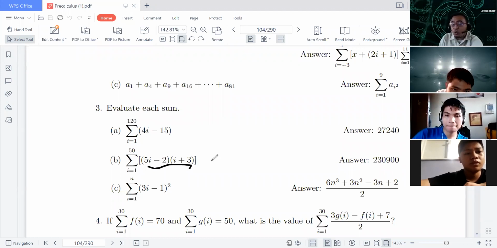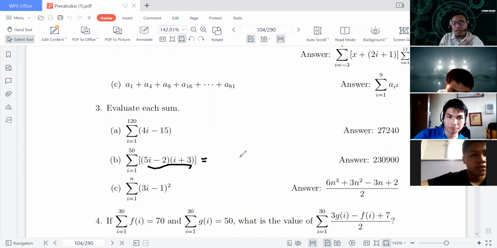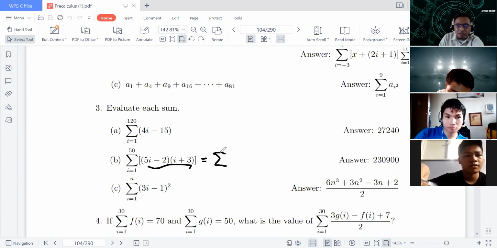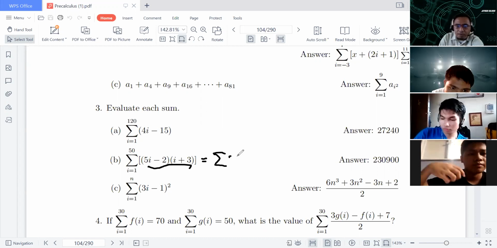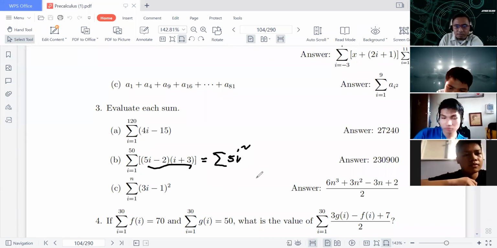And I think you know how to multiply 2 binomials, right? So multiplication of 2 binomials. You may use the FOIL method or you may use special products if you wanted to. It can be written as 5i squared, right? The middle term: this is negative 2i, this is 15i.